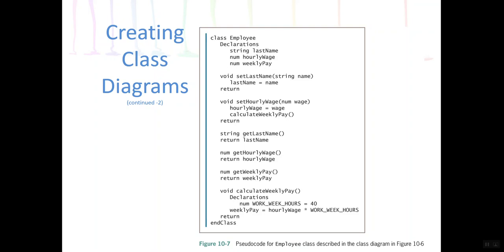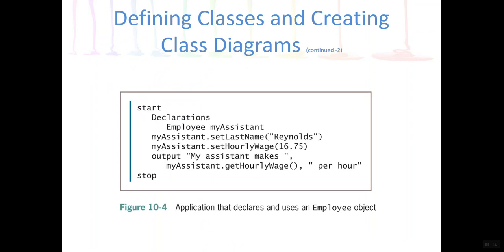Where this is my class definition, what I'm going to flip to now is my running program, my main, that's going to create an object of type employee. Notice in the declarations, this is where we've always declared variables. Instead of a variable of type int or string, my data type is actually employee.